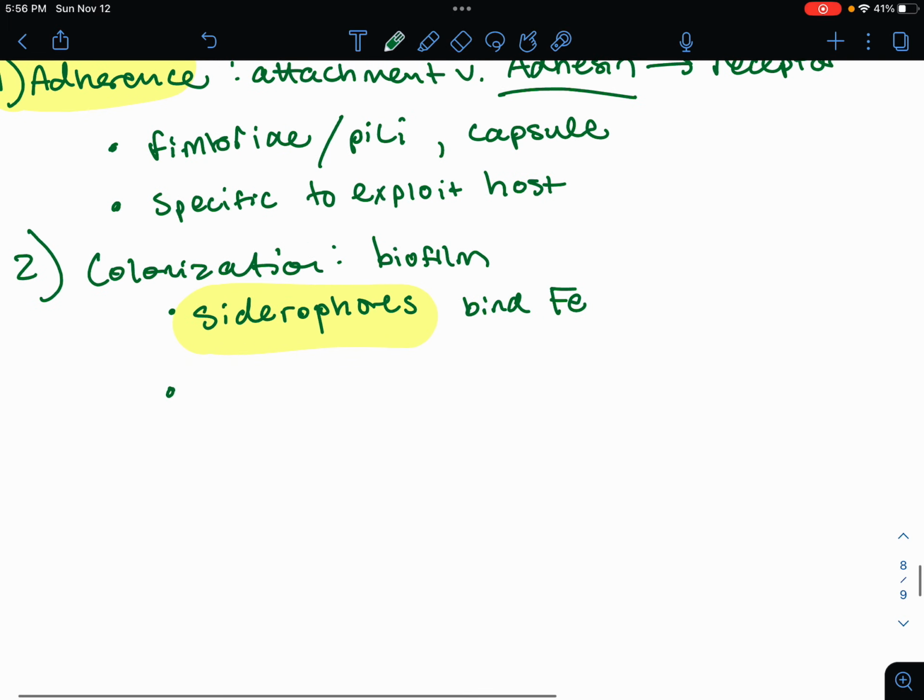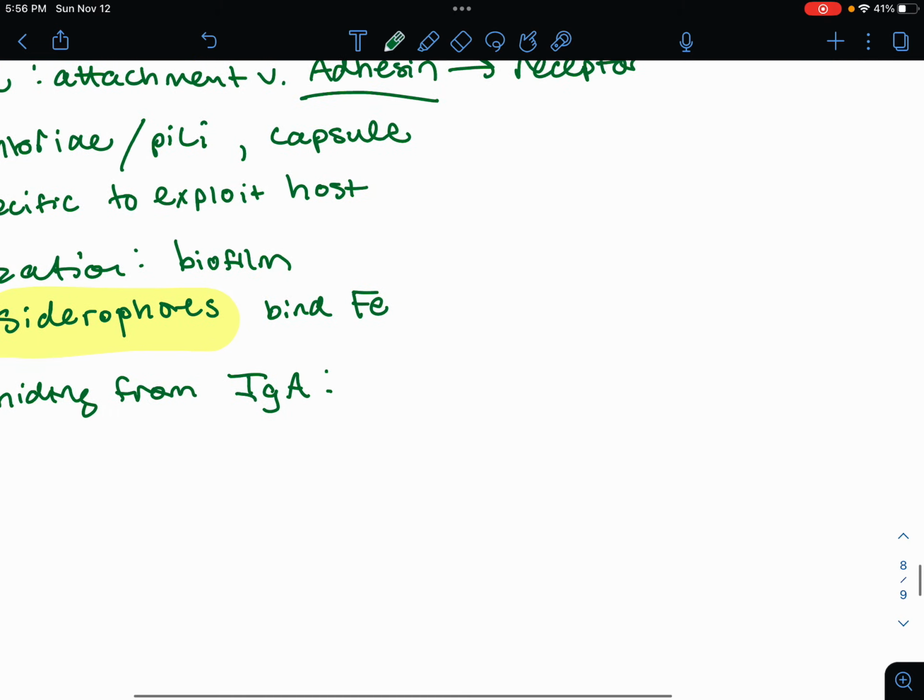There's going to be hiding from secretory IgA. Again, this is just one of the antibody classes. We're going to hide by rapid pili turnover, antigenic variations, and IgA proteases. So protease to directly attack that IgA antibody. There's also pili turnover.